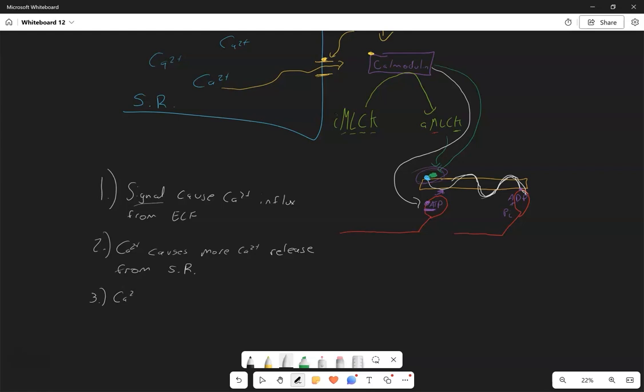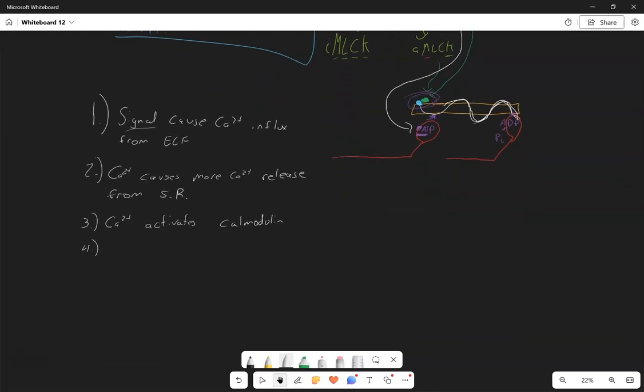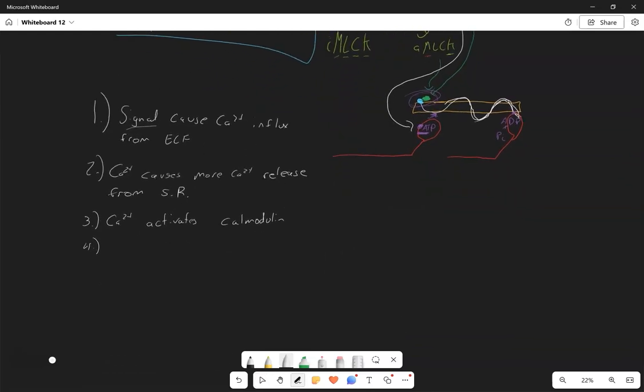Then our calcium activates calmodulin. And once calmodulin is activated, calmodulin, which we'll abbreviate CAM, activates the myosin light chain kinase, MLCK.